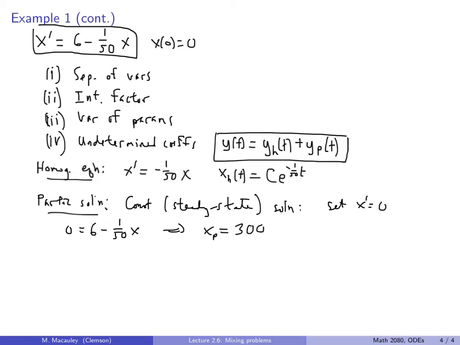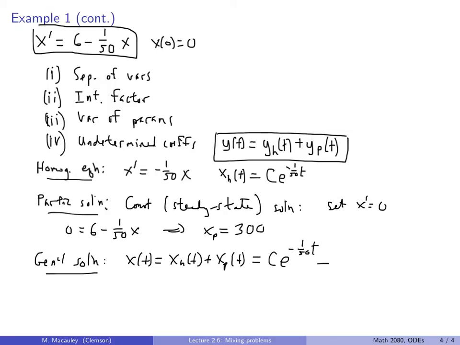Let's call that xp. So now we have the general solution, which is x of t equals xh of t plus xp of t, which is c e to the minus 1/50 t plus 300. So there is our general solution.